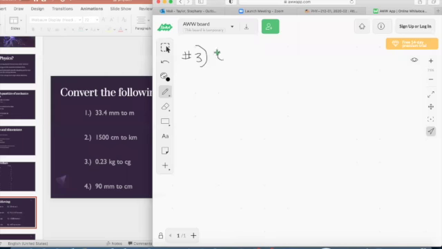So let's write that: 0.23 kg to cg. Right, kilograms to centigrams. All right. Okay, so let's start longhand ways. We've got the 0.23 kilograms. And let's do our long division.